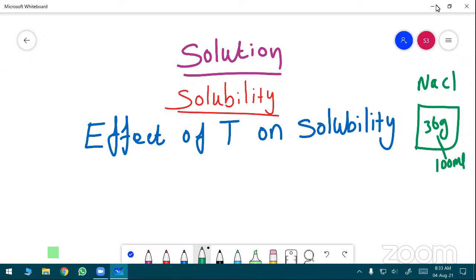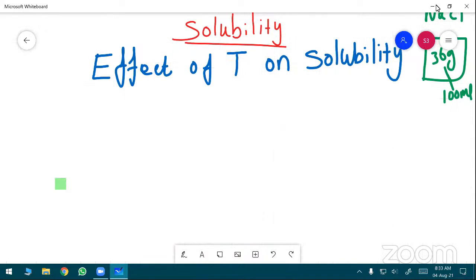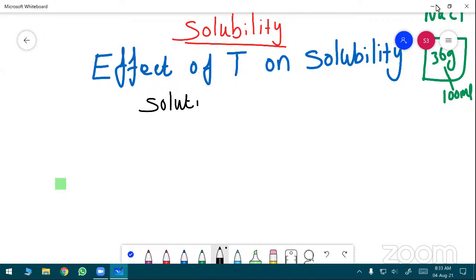As you know very well, what is a solution? Solution is made up of solute and solvent. Solution is nothing but solute plus solvent.